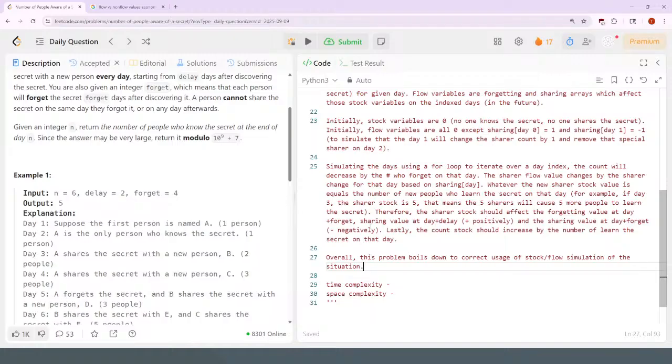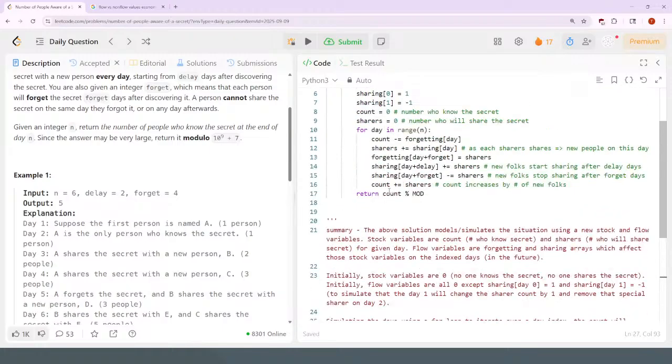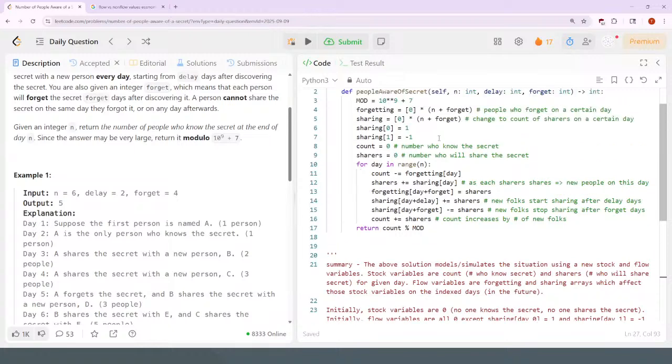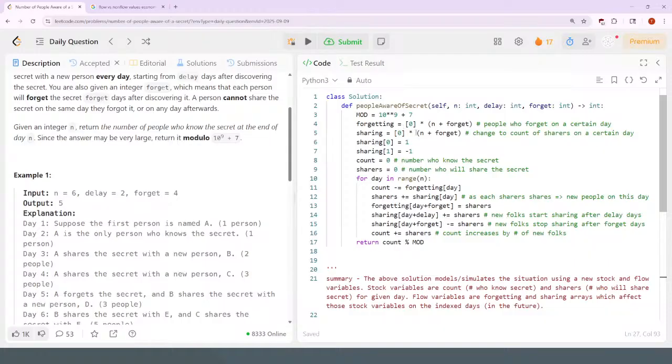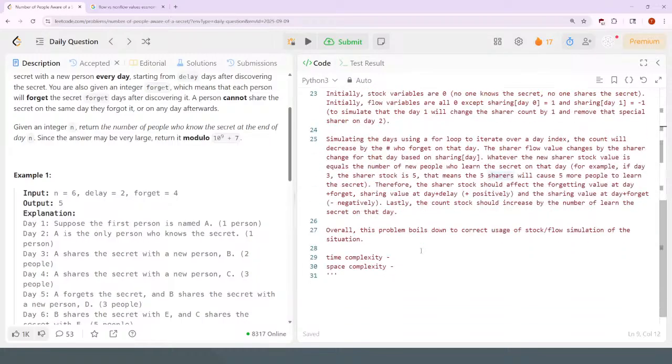Just being very precise about how you want to handle that simulation, because I don't think you can get away with having just one array that tries to do both the mapping of forget and sharing, or just one variable that handles both the number of people who know the secret versus the number of people who share the secret on a given day.